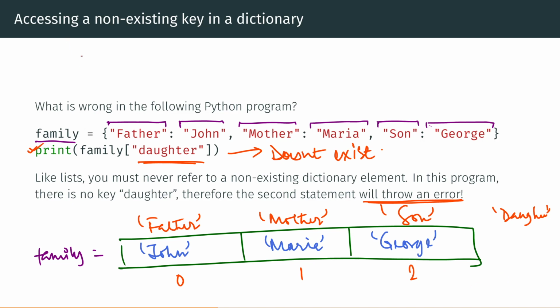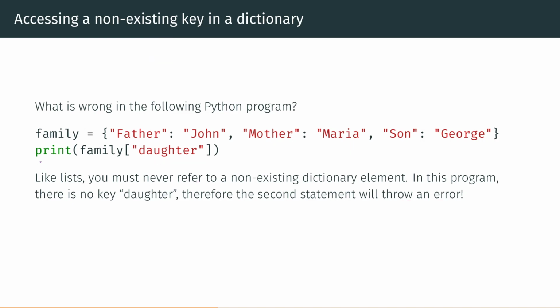So if you were to say print family 3, this will throw an error because the size of the list is 3. So there is no element at index 3, which is essentially the fourth element. The fourth element does not exist because the size is 3. Similarly, in case of dictionaries, if a key does not exist, you cannot access it.